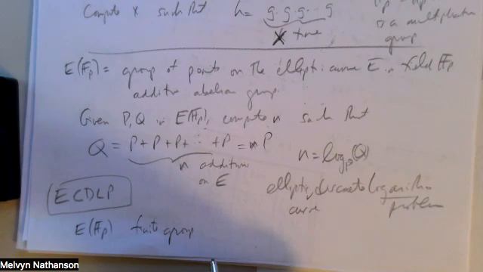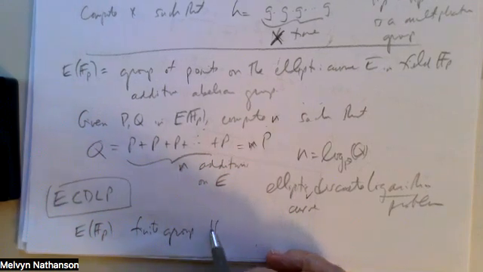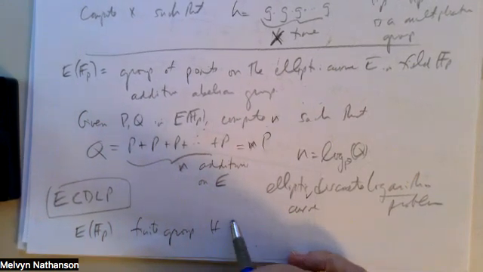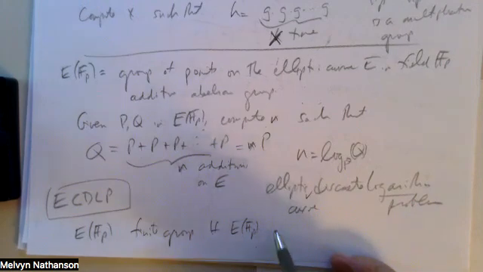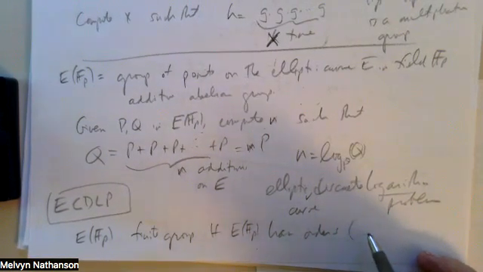If E of F_P has order S, that means it contains S elements.